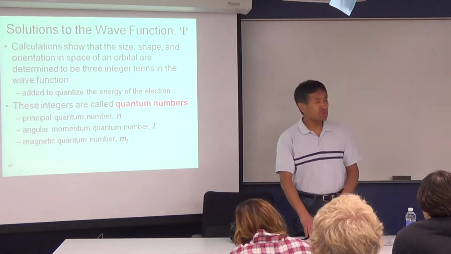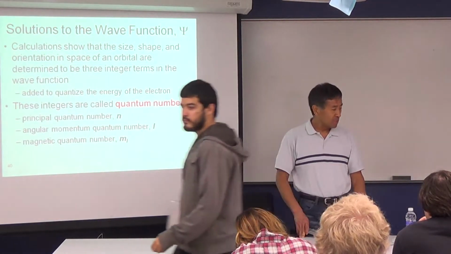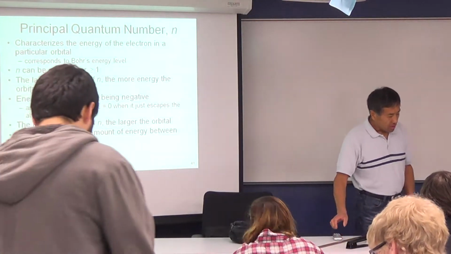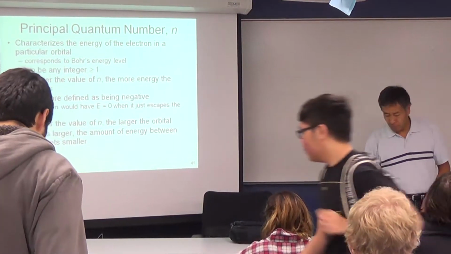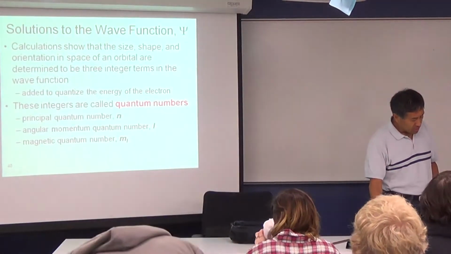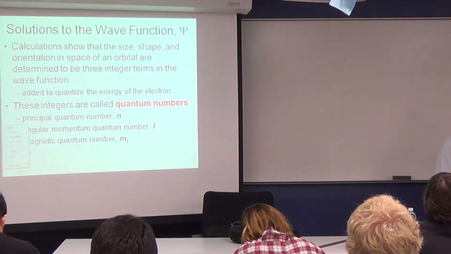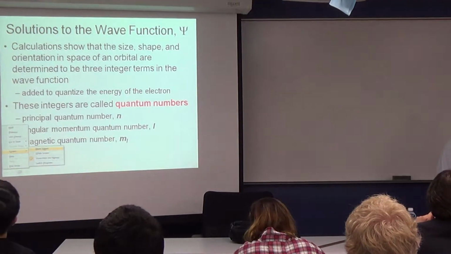Sometimes we will need all 3, sometimes only 2, or sometimes only 1, and we see what they stand for, what they represent. So let me briefly talk about the numerical interrelation between the 3 quantum numbers.